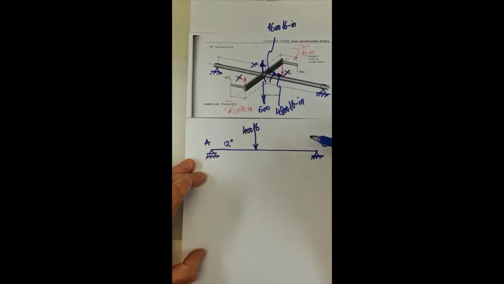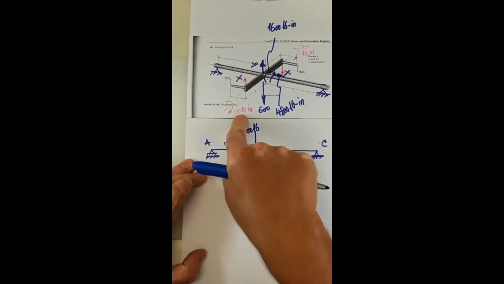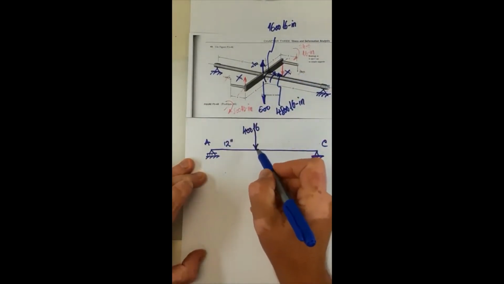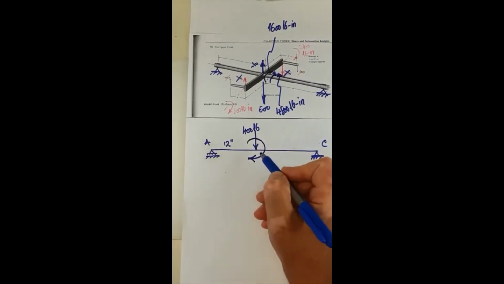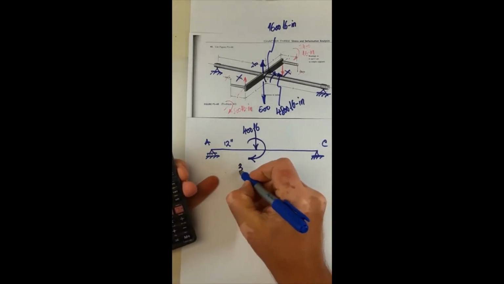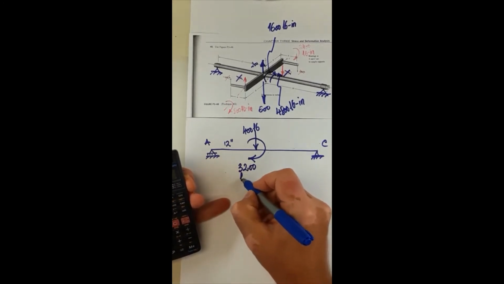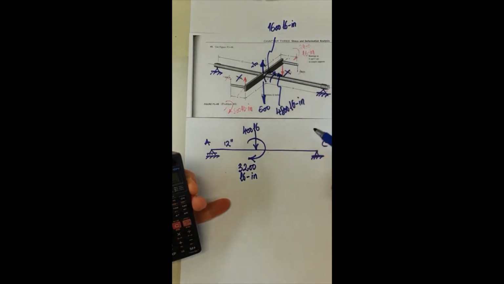And these two torques are in the same direction, the 800 pound and the 2400 pound, so they are going to be added together. It's 3,200 pound-inch, and this is a moment about the x-axis.